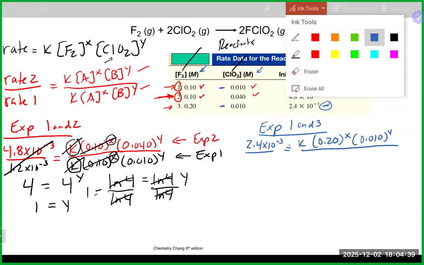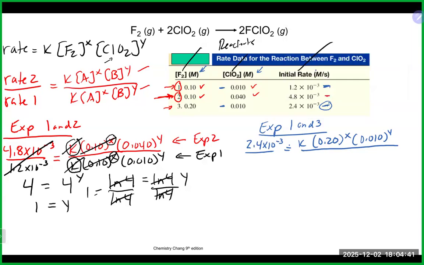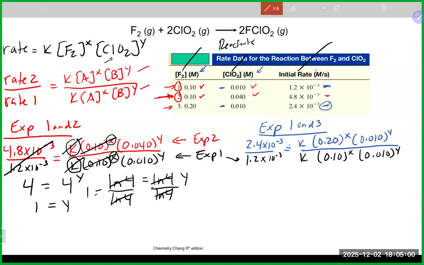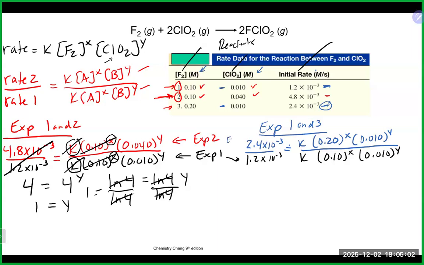Now for experiment 1, we're going to put that on the bottom, and that's going to be 1.2 times 10 to the minus 3. That's going to be K, 0.1 to the X, and 0.01 to the Y. So once again, everything down here is experiment 1, everything up on top is experiment 3.